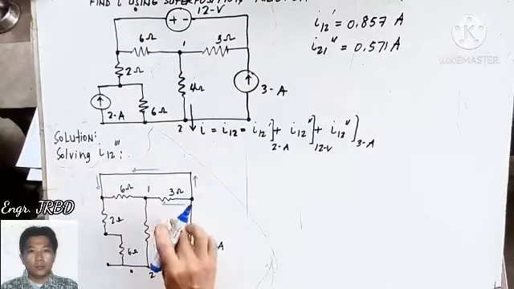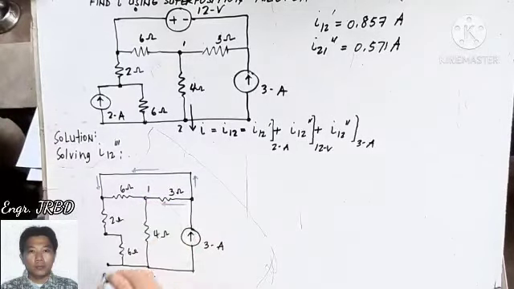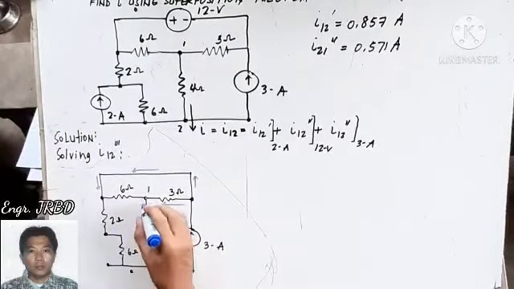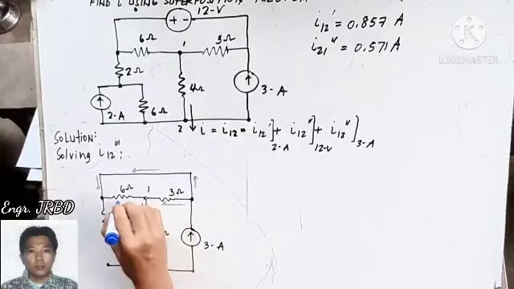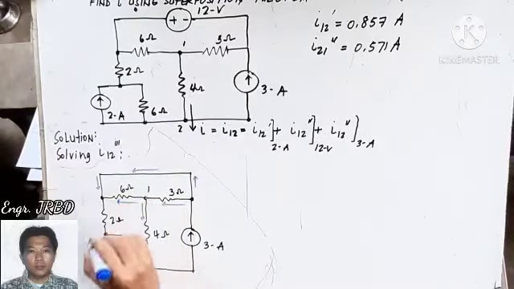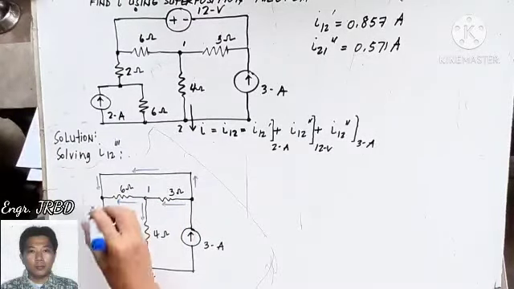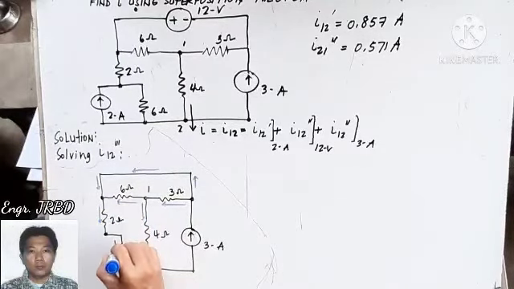This current will reach this node, it will split again into 2 parts. One will go down and the other one will proceed from left to right. They will be joined in this point and the sum of it will go down, pababa, then go back to the source. That's the complete current flow.